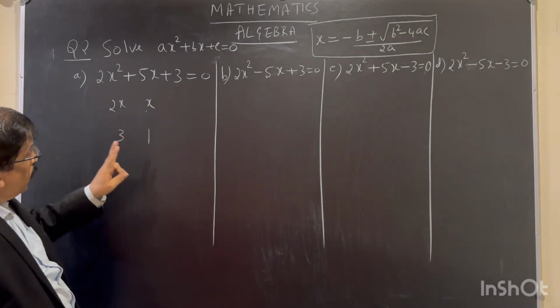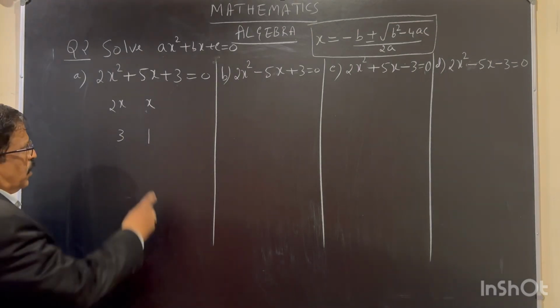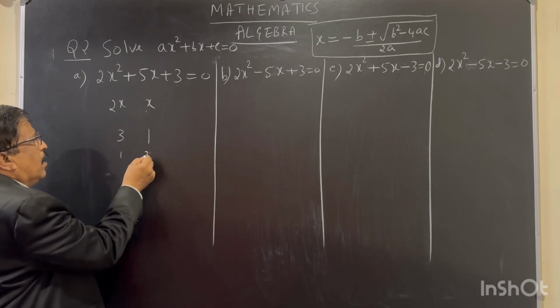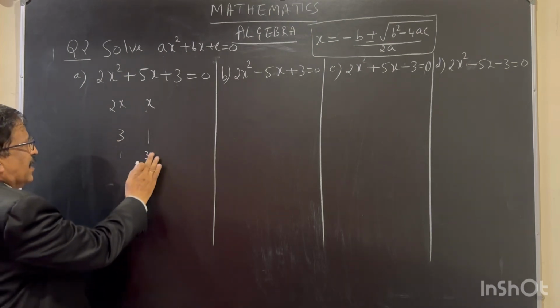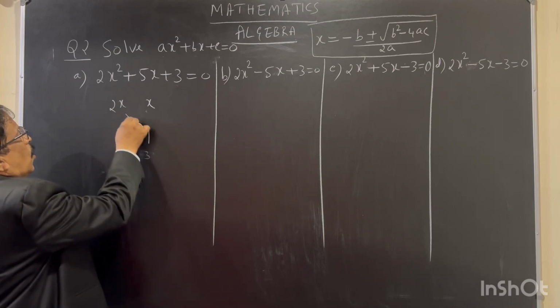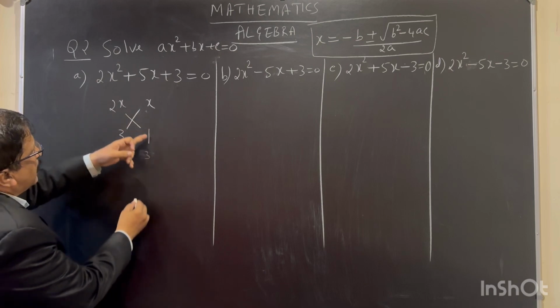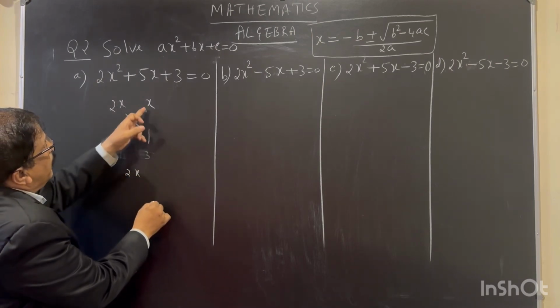Alright? Now, the question is whether I should write 1 and 3 or 3 and 1. How to decide? For that, you just cross multiply. If you cross multiply, this is 2x into 1 is 2x. This is 3 into x, 3x.